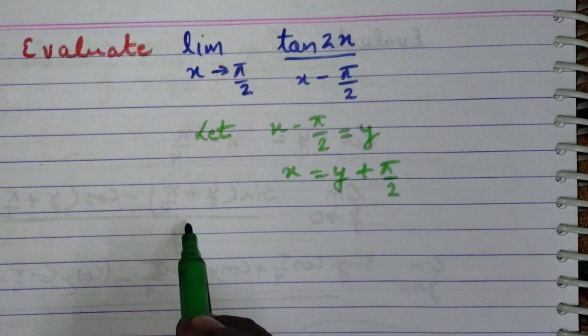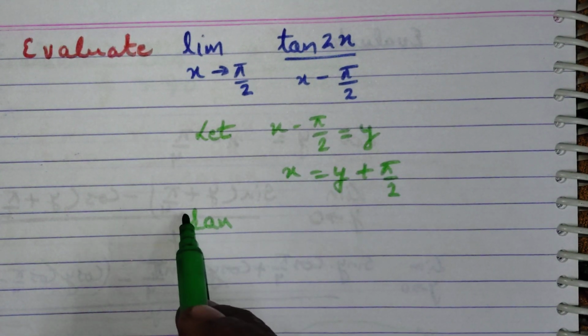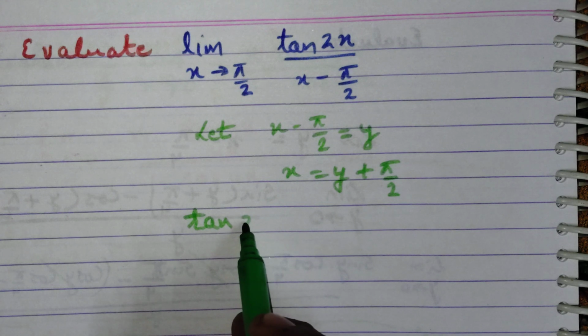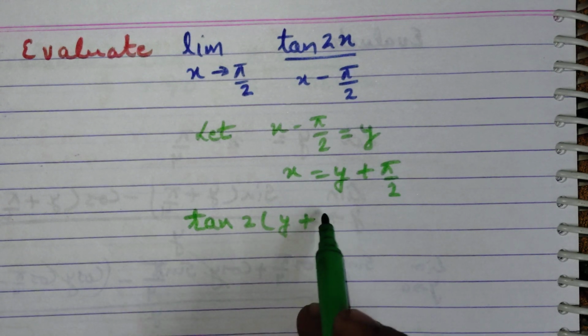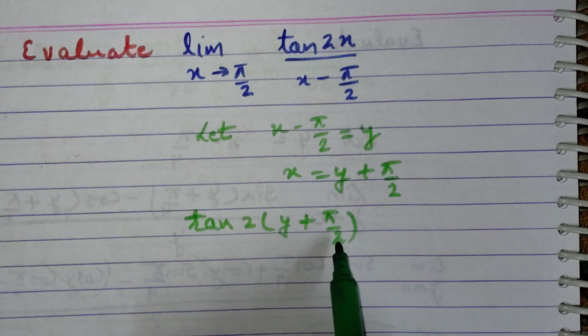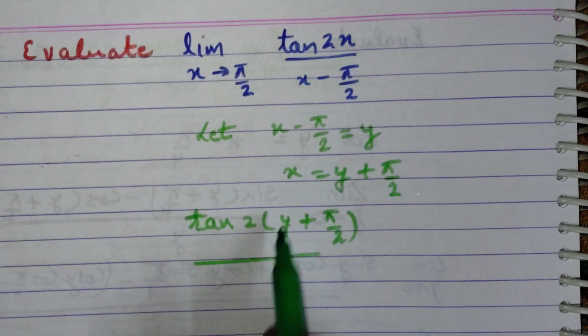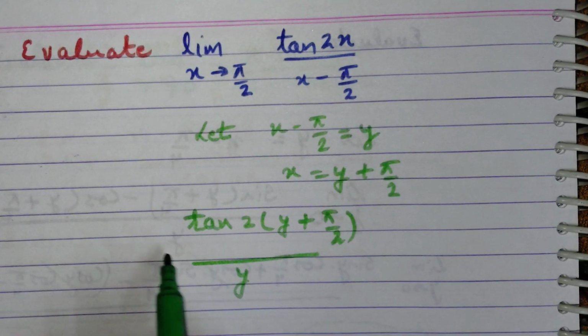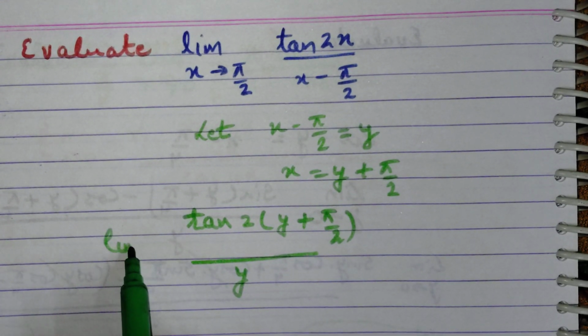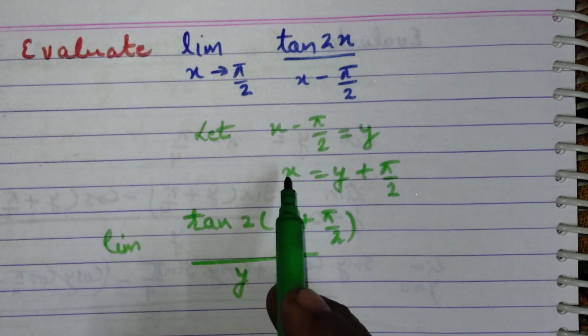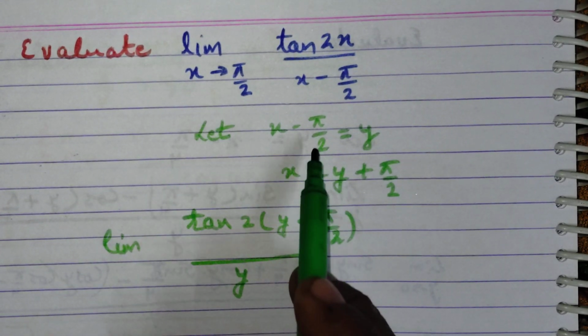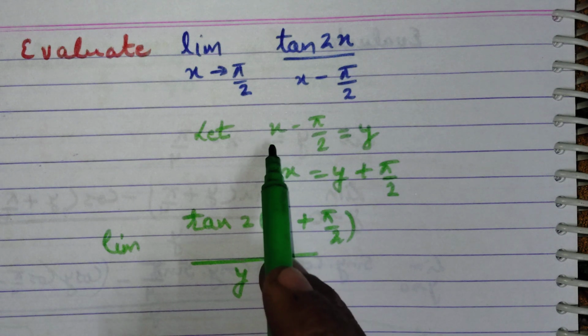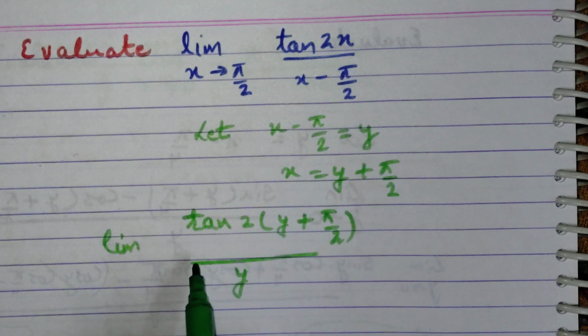So it becomes tan of 2x, which means 2y plus pi by 2, over y, and there is a limit. The limit also changes. If I replace x equal to pi by 2, then pi by 2 minus pi by 2, I get y equal to 0.